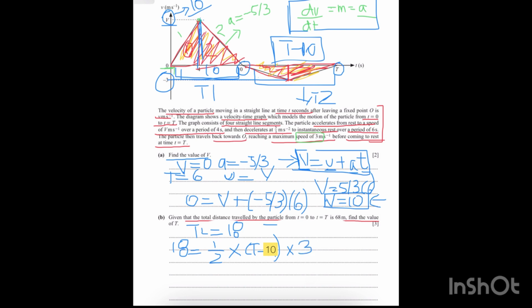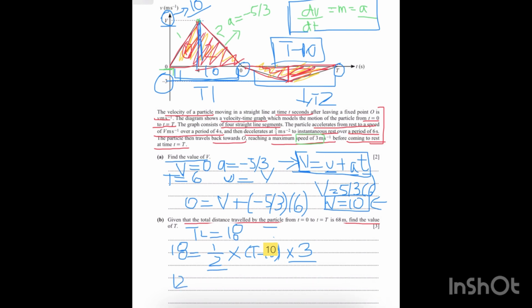So let's take this to the other side, which means you have to divide. So it's 18 divided by 3 by 2, which is 12, equal to t minus 10. So the value of t, which is the total time, would be 12 plus 10, making that equal to 22. So now we have found the value of t, and we're done with question number 1.